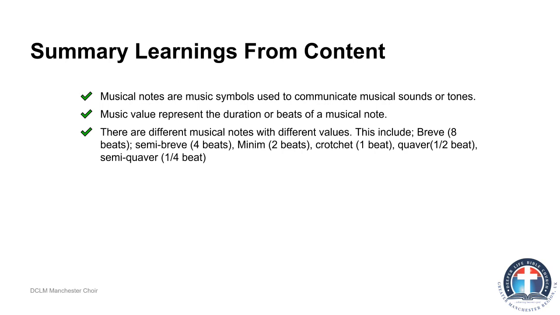We've seen the different types of music notes and their parts. We've seen the breve having 8 beats, the semibreve having 4 beats, minim having 2 beats, crotchet having 1 beat, and quaver having a half beat. And lastly, the semiquaver having a quarter beat.